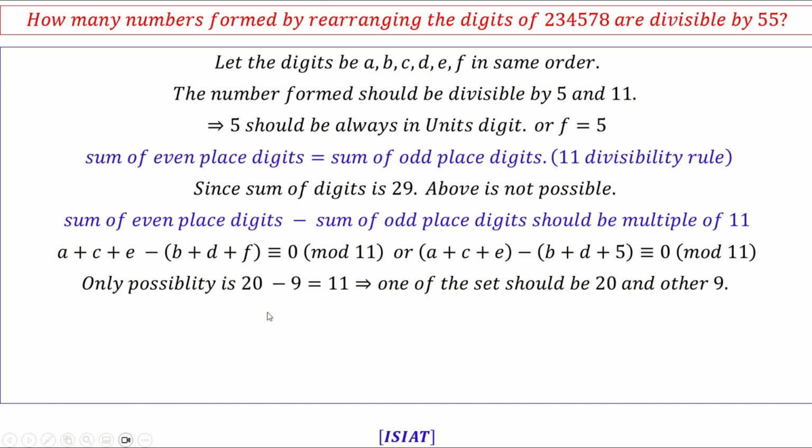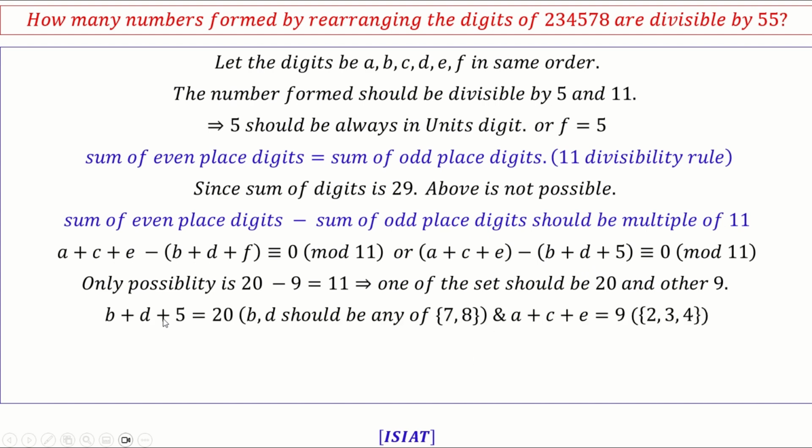Now, which means the only possibility is, given that the total is 29, 20 minus 9 is equal to 11. Correct? This is the only possibility you will get, which means B plus D plus 5 should be 20 and A plus C plus E should be 9.